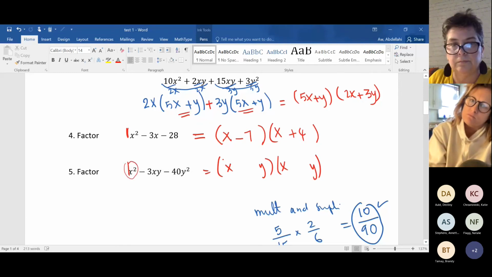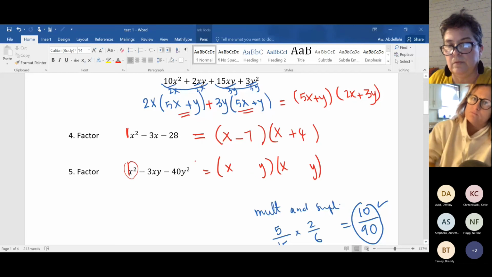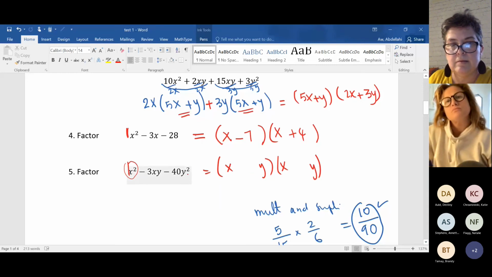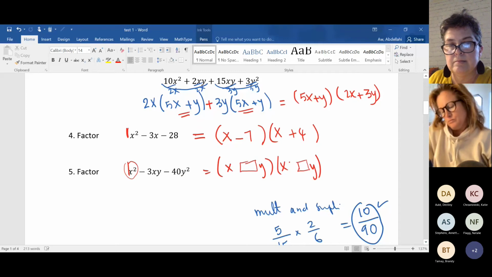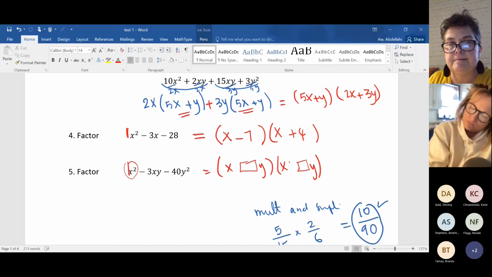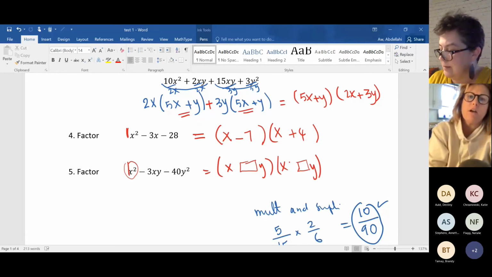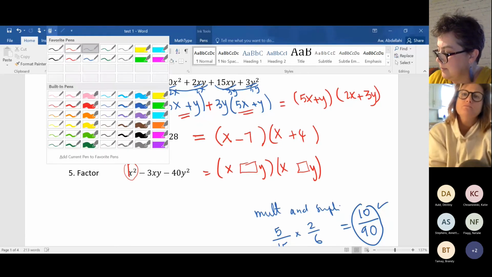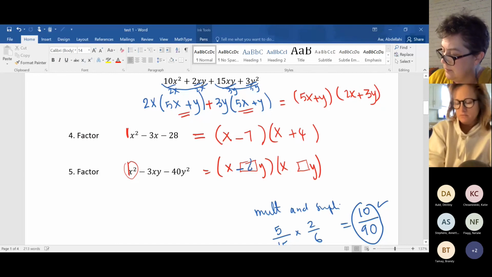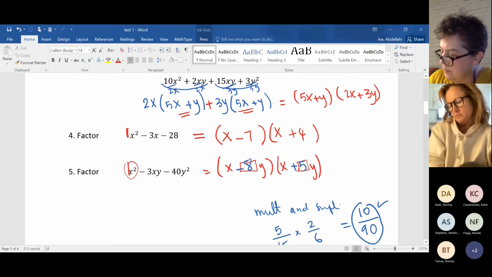But here I have -40y squared, which means I am expecting to have a number in front of the y's, right? What are those 2 numbers? They must add up to -3 and multiply to -40. What are they? -8, +5. Thank you. It's going to be x minus 8y, x plus 5y.